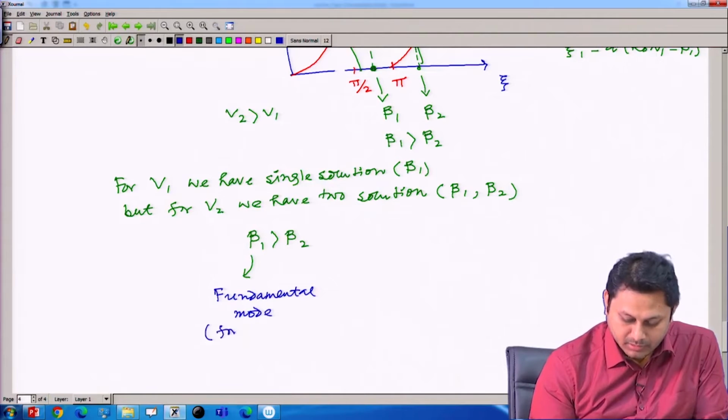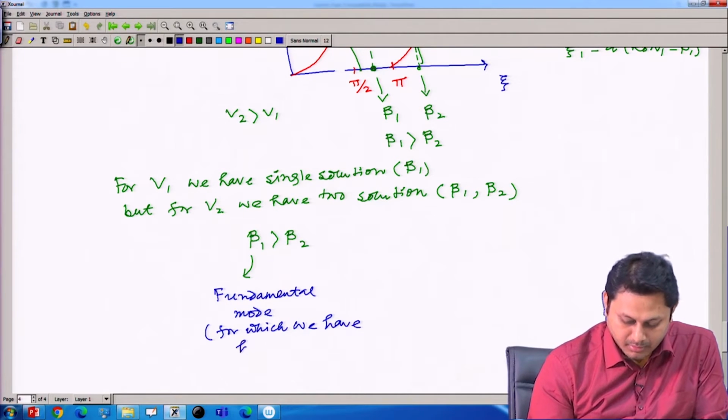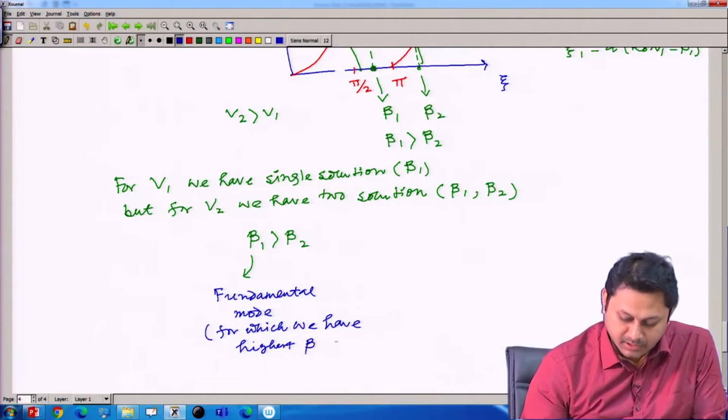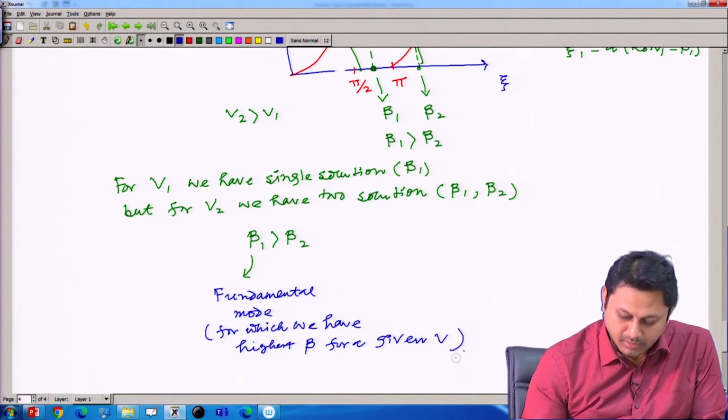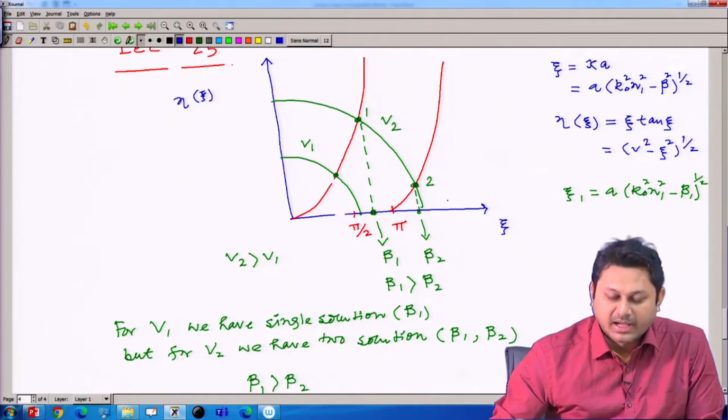So, this corresponds to the fundamental mode, for which we have the highest beta for a given V. When V is given, that means this radius is fixed. I can have more cutting points if I go on increasing it.